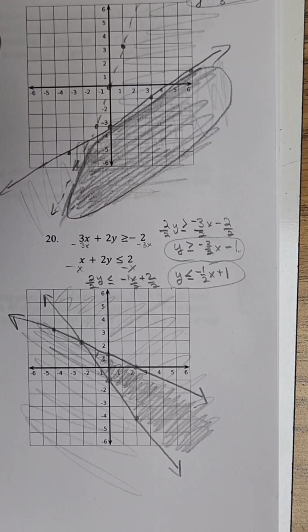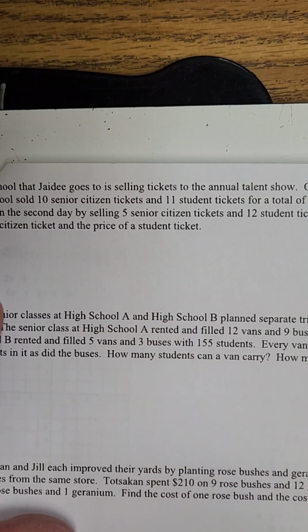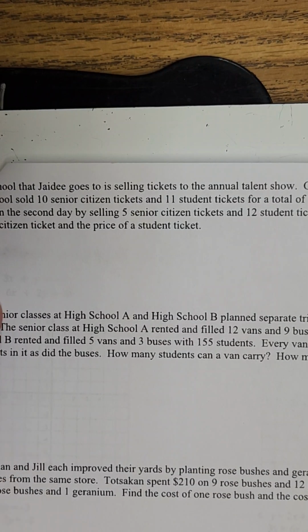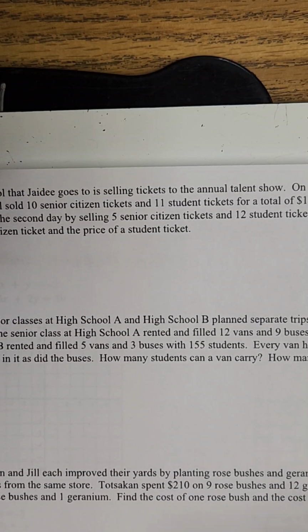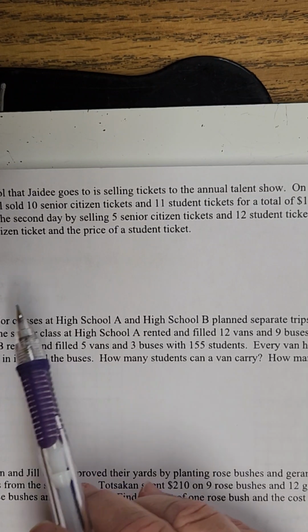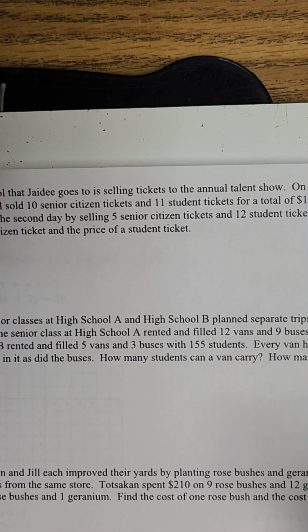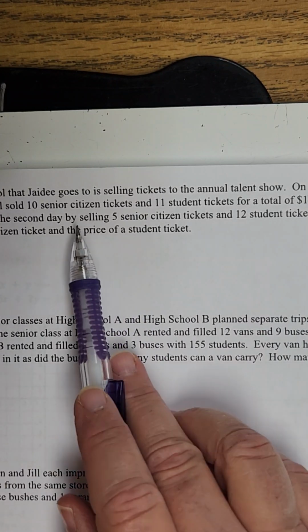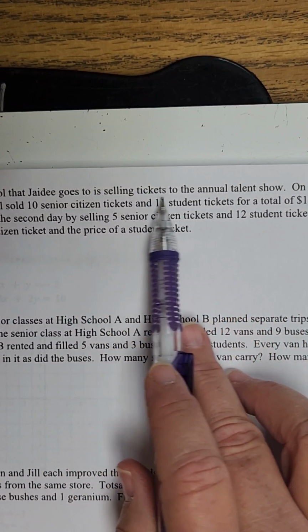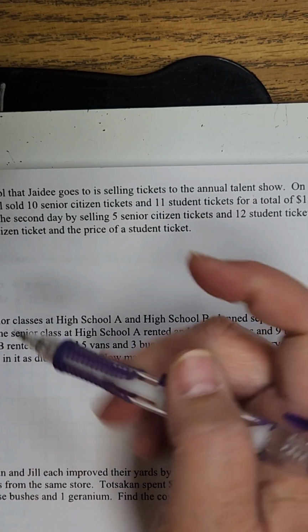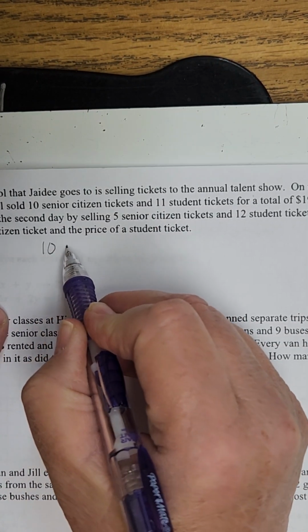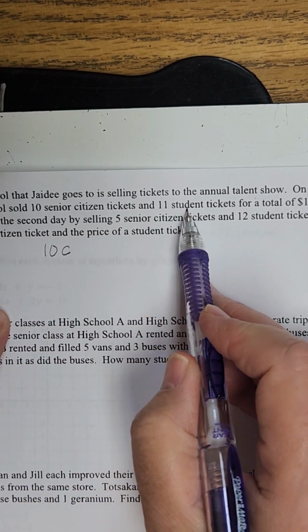All right, on these word problems, they're all very similar. I didn't give you any of the ones where you have to go up and down the river with the current and things like that. So these should be all easy to set up, very similar. So it says that they're selling tickets to the annual talent show. The first day of sales, they sold 10 senior citizens, so we're going to go 10C, and then 11 students.